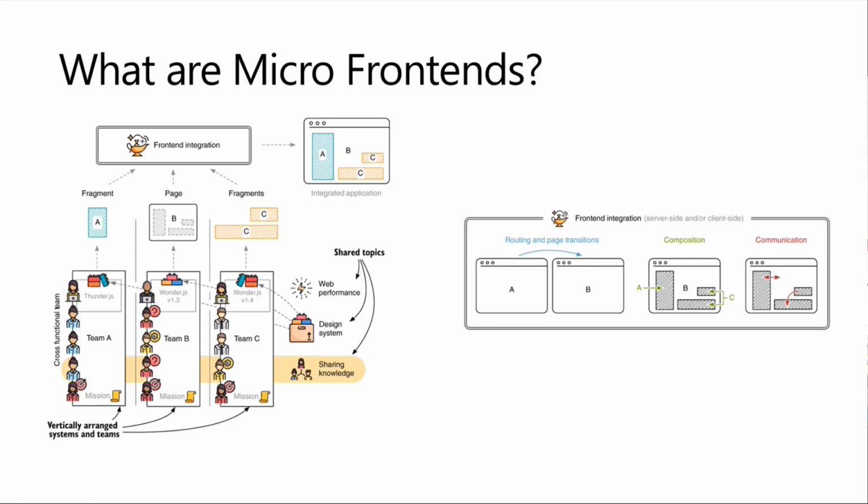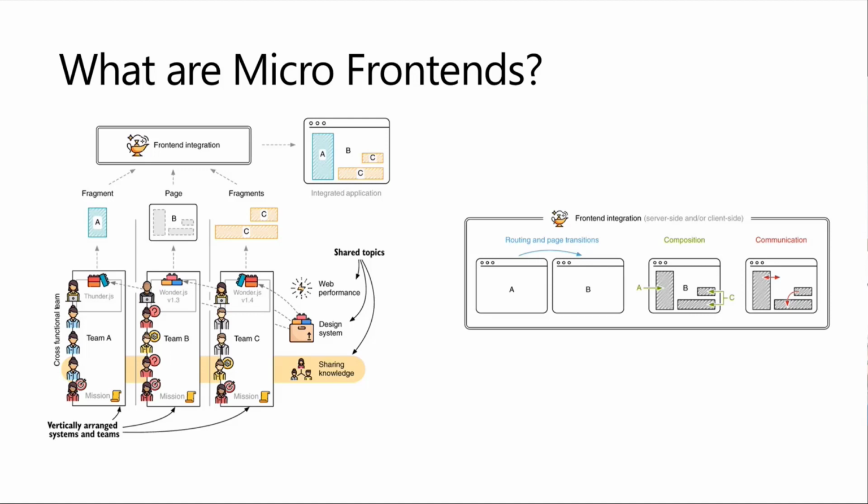Now, on the left-hand side of this slide, we see what you can now do is vertically arrange your teams, which means instead of having groups of specialists that all work in one large team, you now have cross-functional teams. A cross-functional team can take care of specific parts of your application.